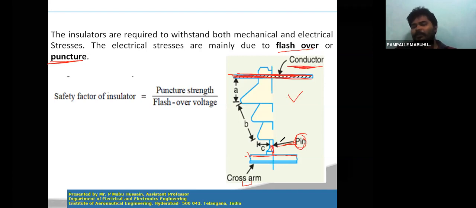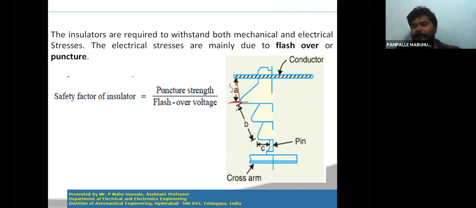Now as the voltage across this insulator increases, there is a chance of a spark or an arc. Depending upon the atmospheric conditions, that arc may form across. The arc will take the lower path, in this way: A, B, C. Whenever the spark takes this path, there is a gap between the conductor and the insulator.